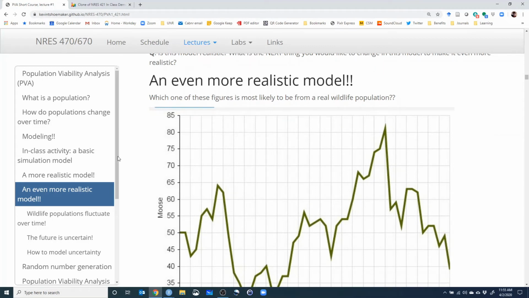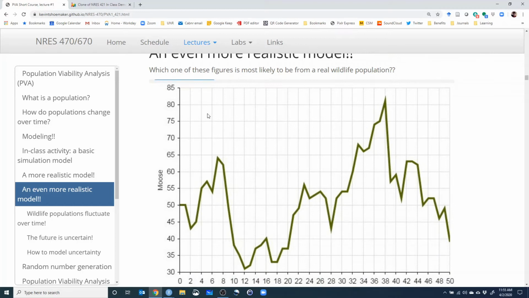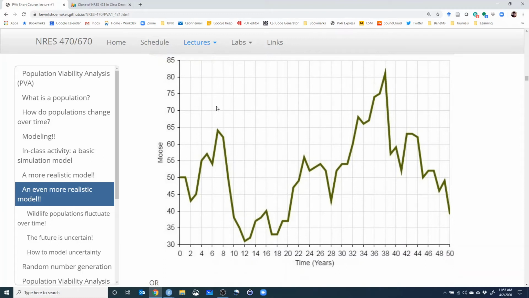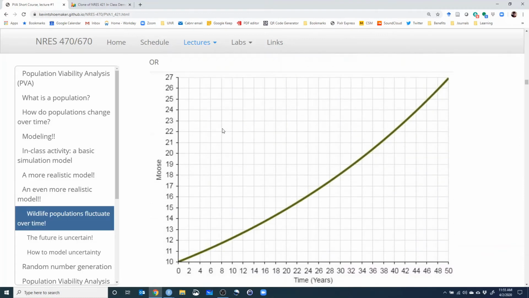All right. So one of the elements of realism that we would want to add potentially is uncertainty. Let's look at these two figures and think about which is more likely to represent a real wild population. This figure or this figure?